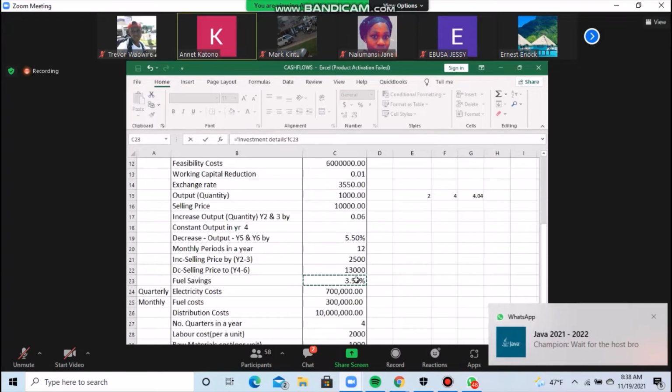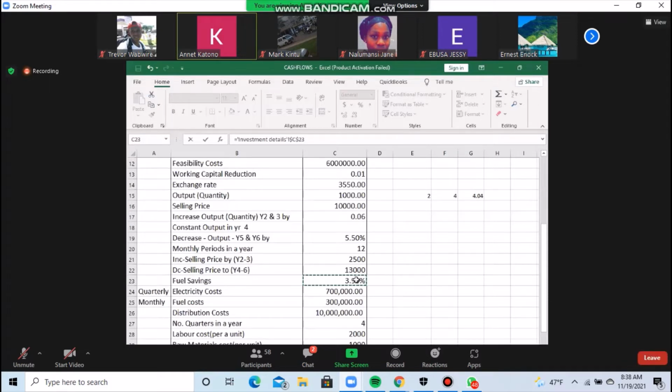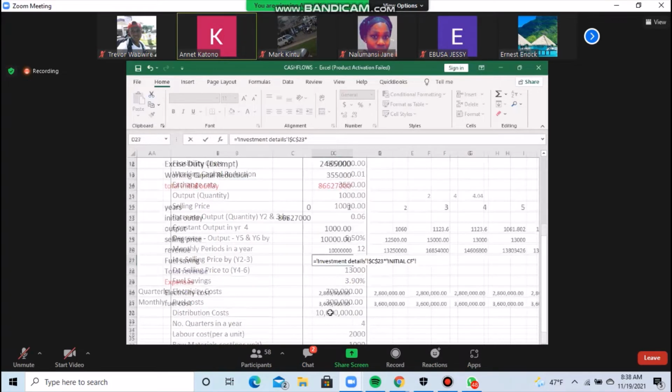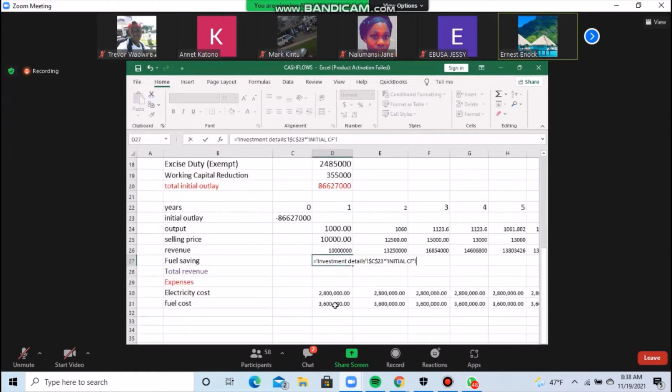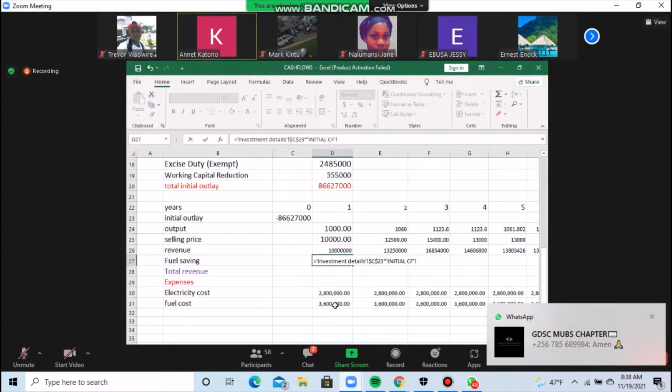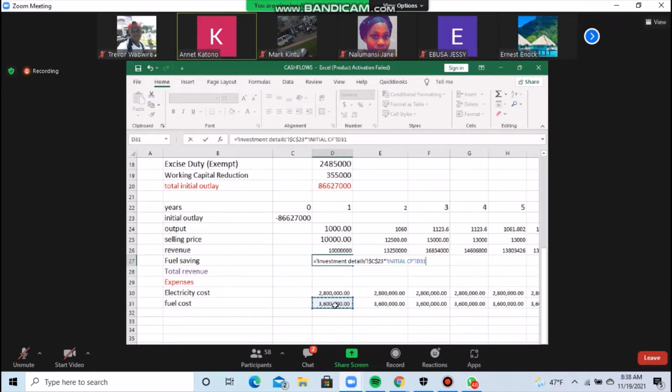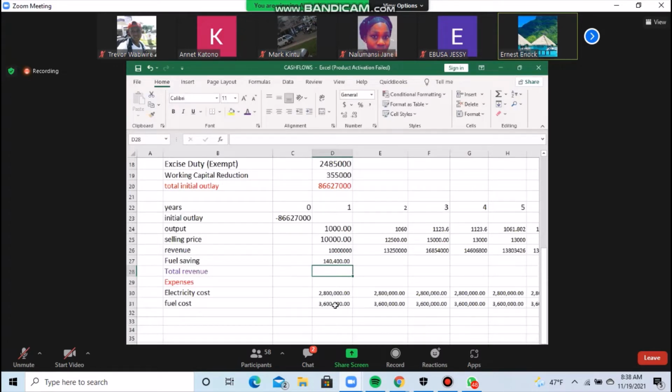And since it is constant and you're going to use it all through that column up to the 6th year, you're going to fix it and you're going to multiply it by the cost for fuel in that particular year, which is 3.6. Enter.